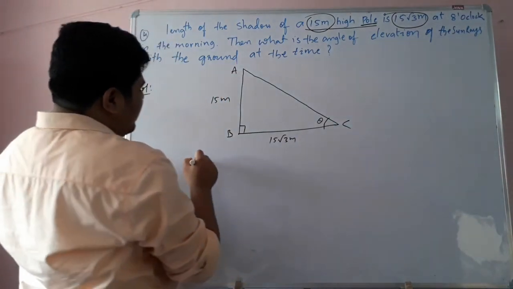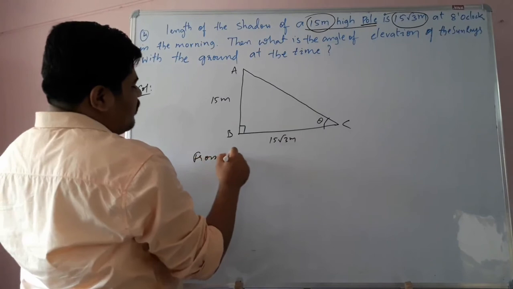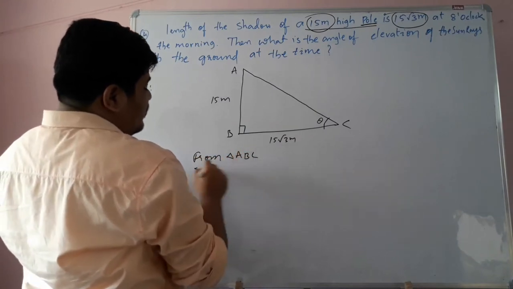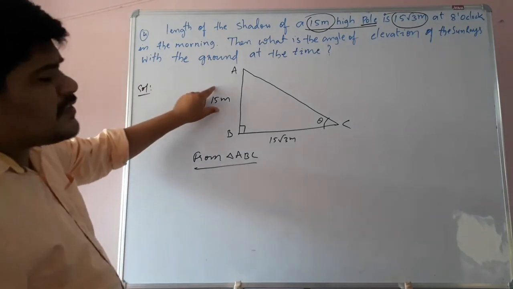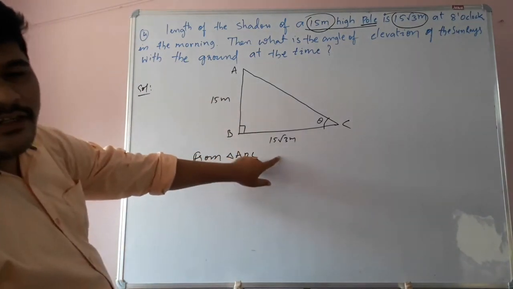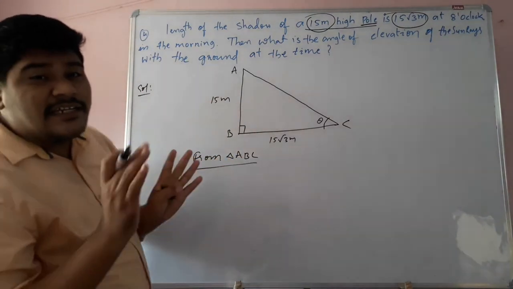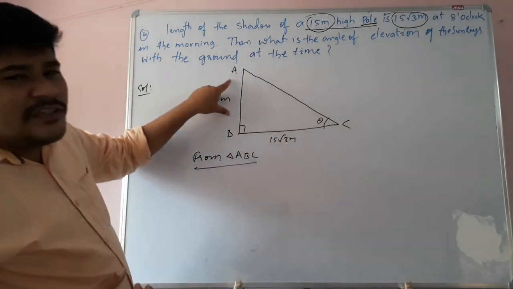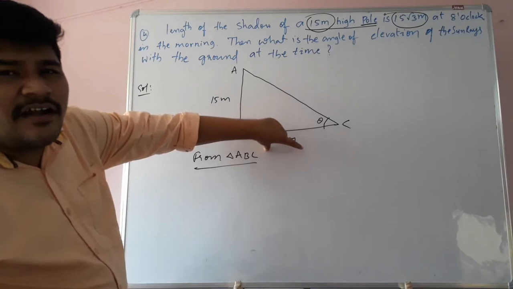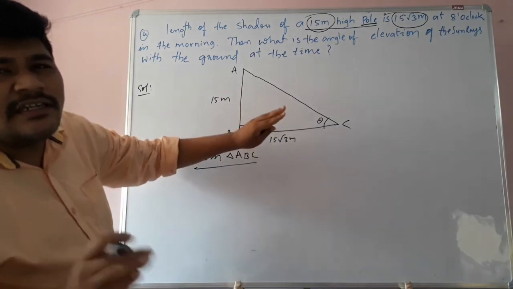Name it as ABC. So from triangle ABC, what is given with respect to theta? Opposite side and adjacent side, right? In a right angled triangle, the ratio of opposite side to adjacent side is called tan theta.